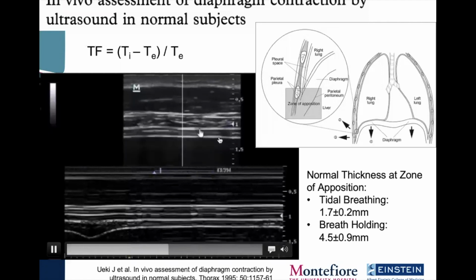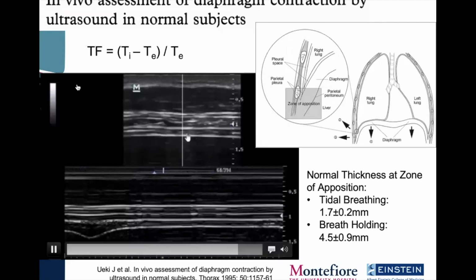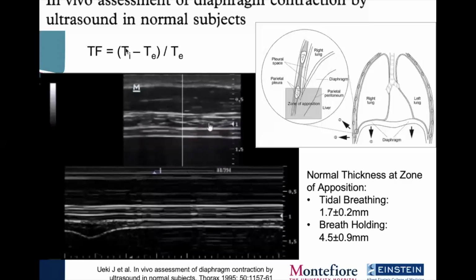On this video, this is the diaphragm, and we see that it's thickening with respiration. This hyperechoic line in the middle of the diaphragm muscle is the phrenic nerve. And just like we measure the IVC with max minus min, you can also calculate the thickening fraction here: the diaphragm thickness at inspiration minus expiration, divided by expiration.